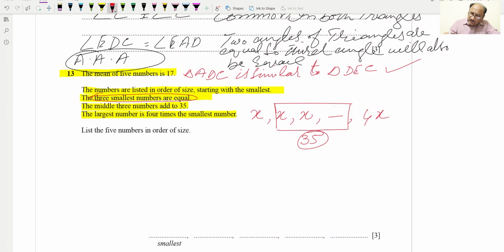So if we take the fourth number as y, we can form two equations.